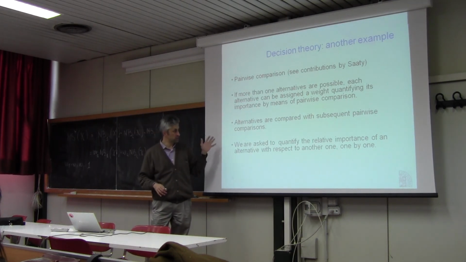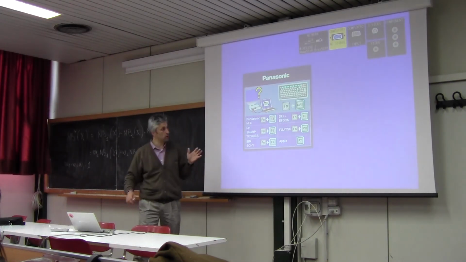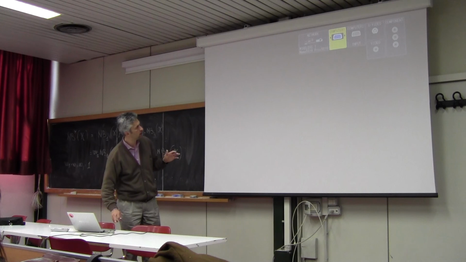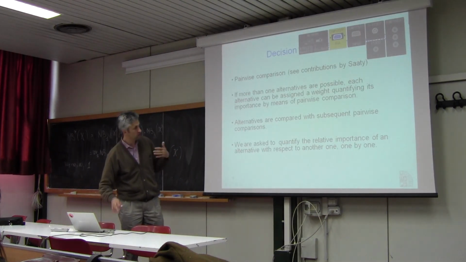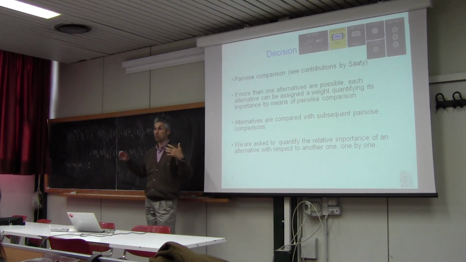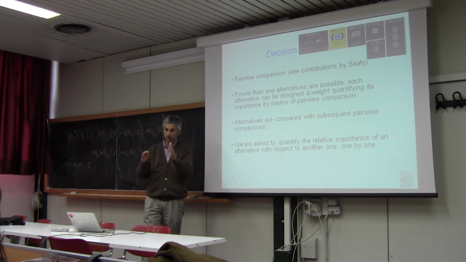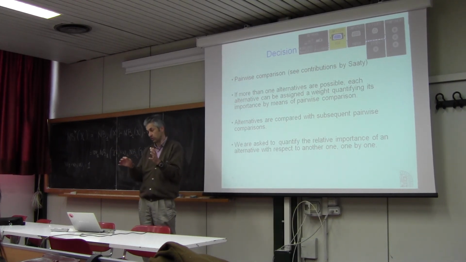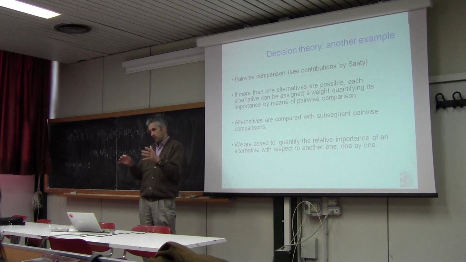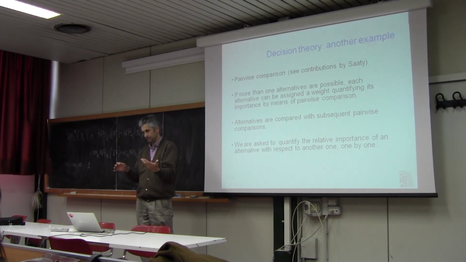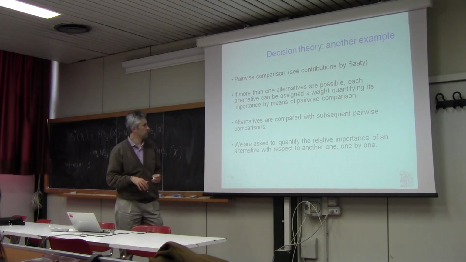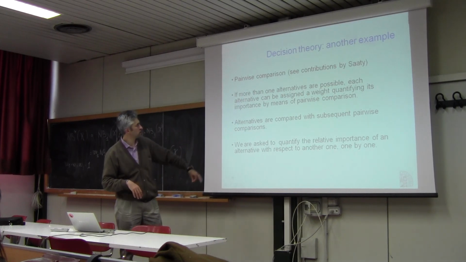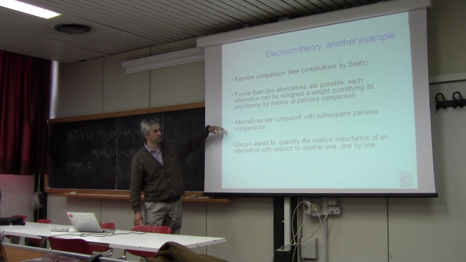This tool is called Pairwise Comparison, which means that you compare the different objectives one by one, two objectives at any time, and therefore your comparison is easier. You see here, alternatives are compared with subsequent pairwise comparisons.